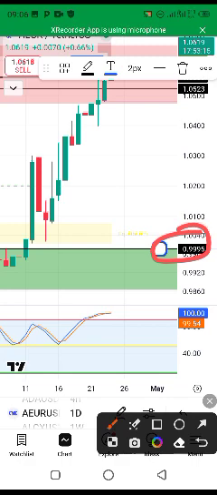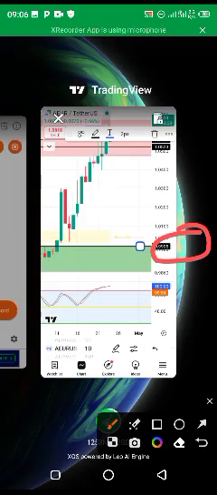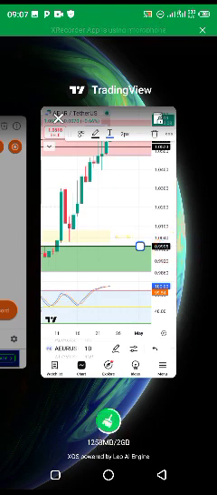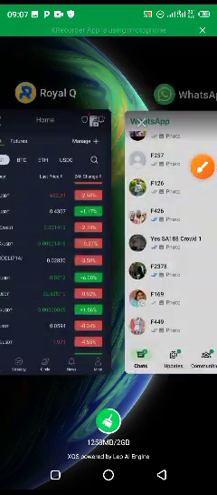For example, this is AEUR. This is our ROHU.